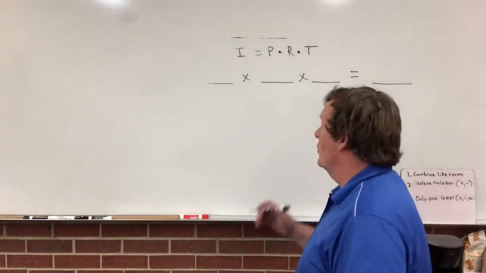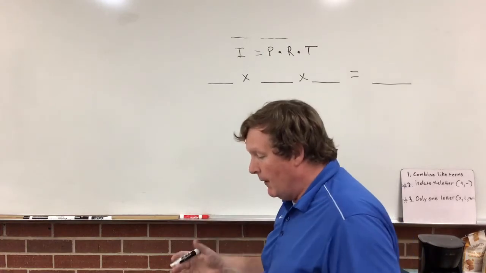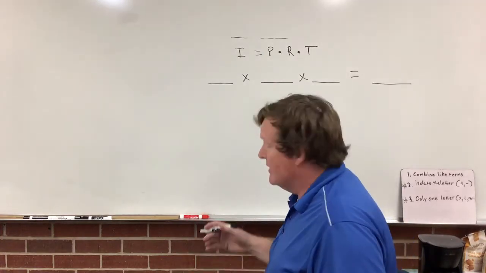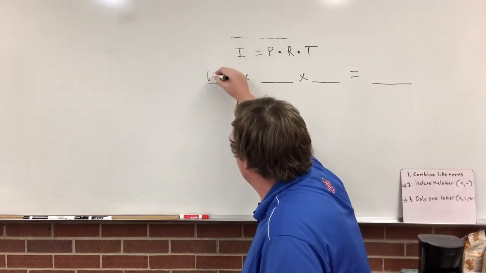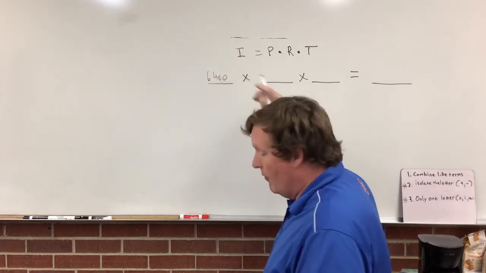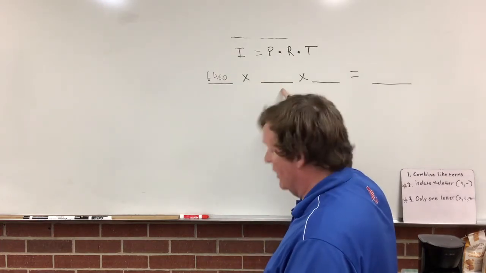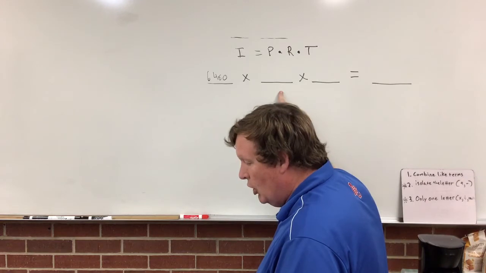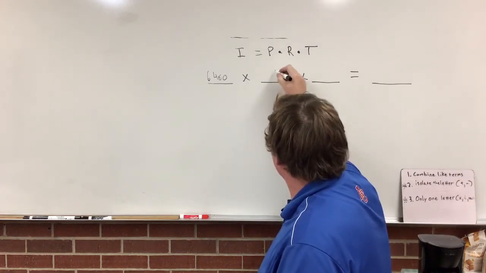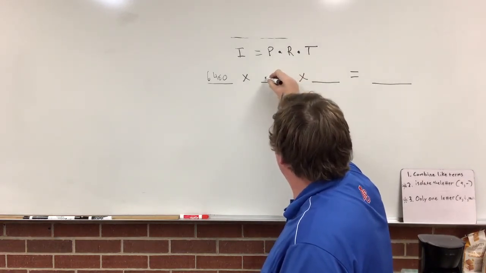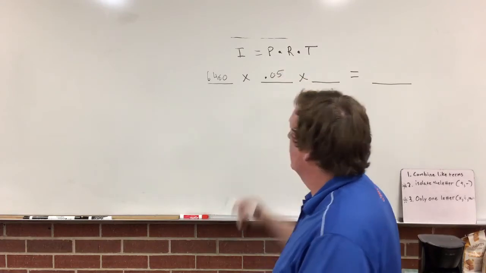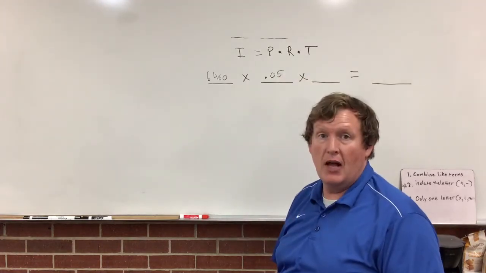Okay, so let's look at number 1. Written exercises, it says $6,400. And we multiply that times the rate, which they say is 5%, which I'm going to change to a decimal, moving the decimal to the left twice. So that becomes 0.05.